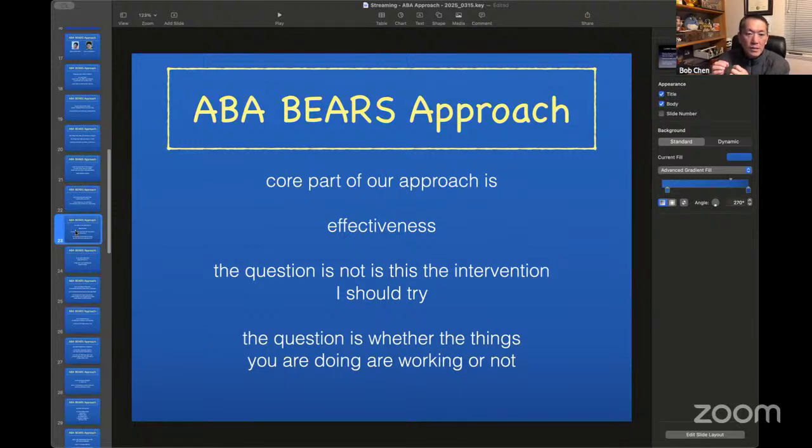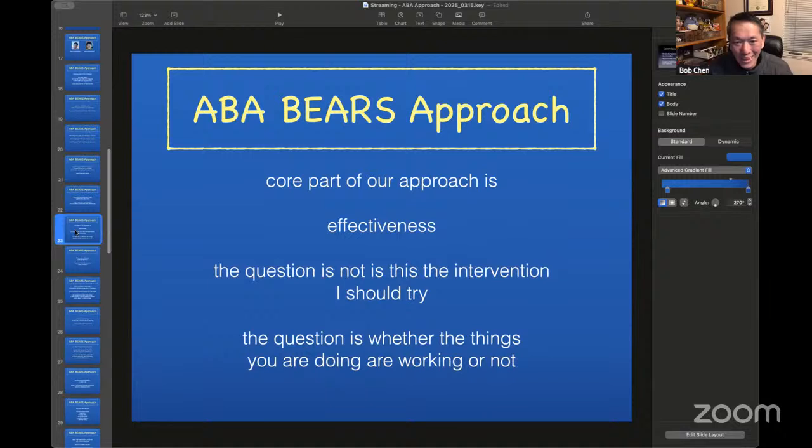Okay. So the funny thing is, most of the time when I'm consulting with families and parents, they ask, oh, do you think this will work with my child, or do you think this intervention is the right intervention? And I always tell them, I don't know.